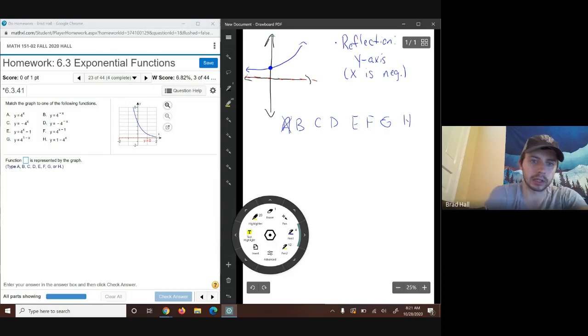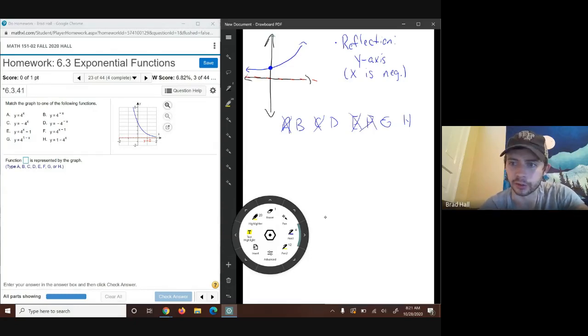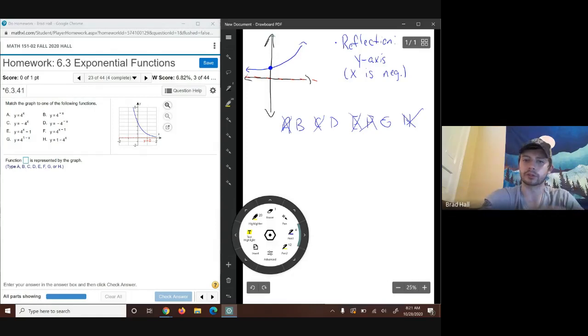A is out, B stays, C has the wrong reflection, D is okay, E doesn't have a negative on the x, F doesn't have a negative on the x, G does, and H does not. So just looking at an x being negative, we're down to 3 options: B, D, and G.